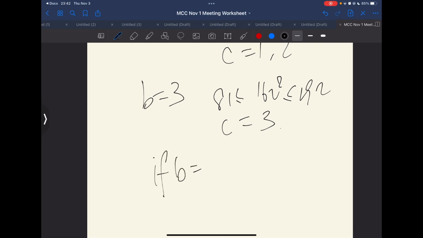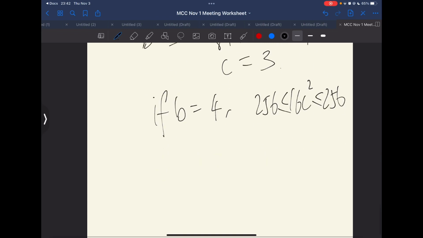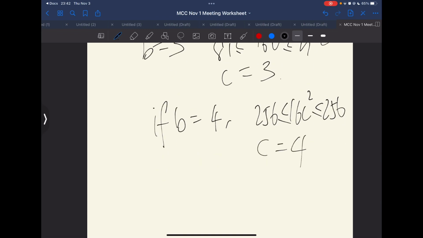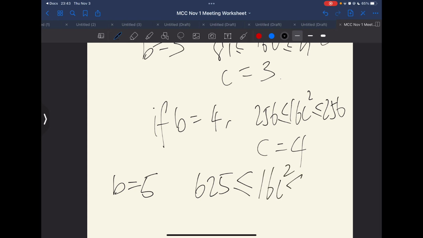And if b is 4, then the inequality here is like this, and c can only be 4 in this case. And b cannot be 5, because when b is 5, the number gets to 625 smaller than 16c squared and smaller than 320, which doesn't make sense.